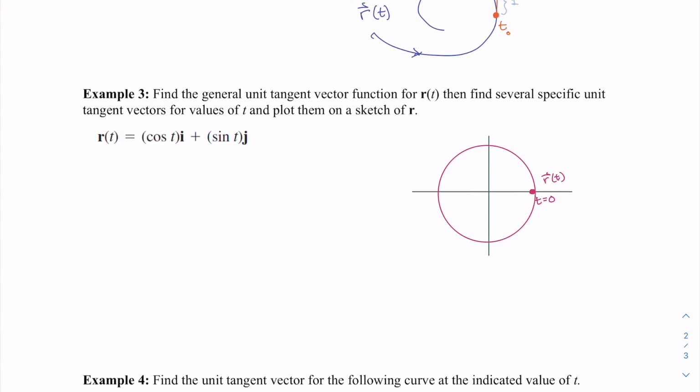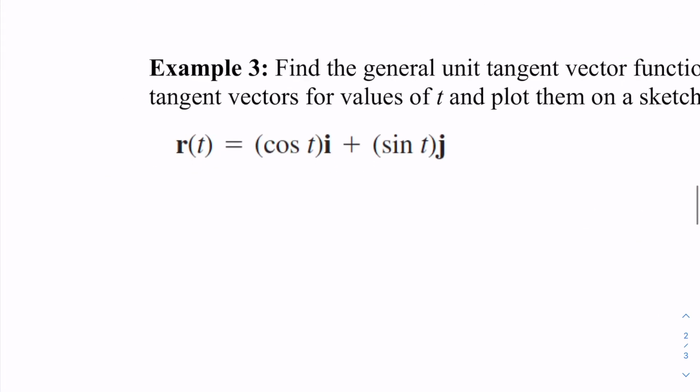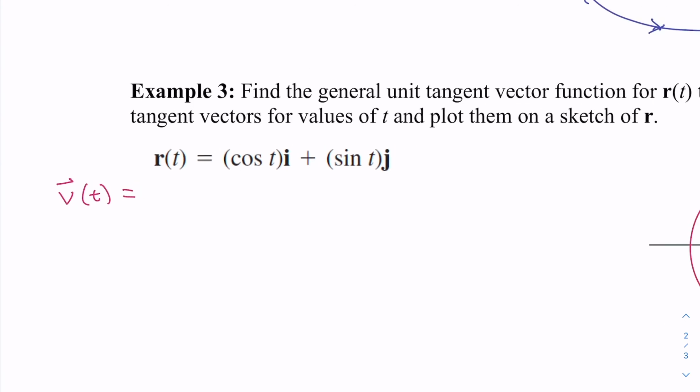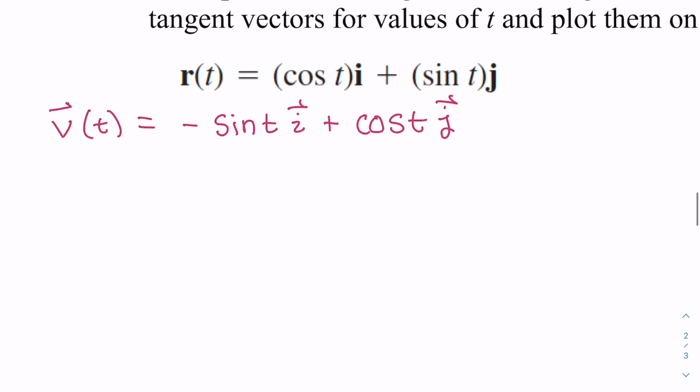Okay, so let's work on constructing the unit tangent vector function for this curve. First we need to find v of t. So v of t is going to be negative sine t i plus cosine t j. And let's get the magnitude of it.